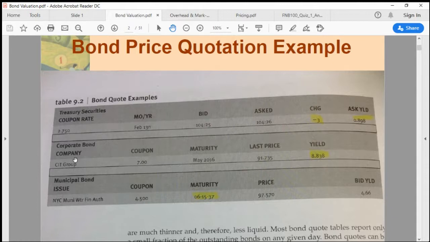Now let's move on to the price quote. Let's go to the corporate bond and muni bond first. Now, the last price means the price at the last closing of the market. So most likely, yesterday, because think about it, this is on print media like a newspaper.